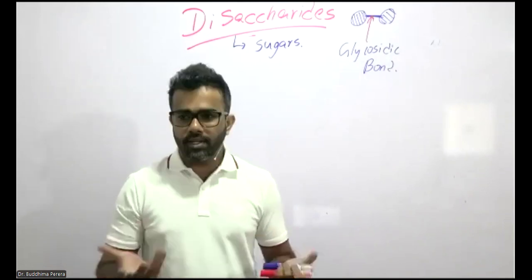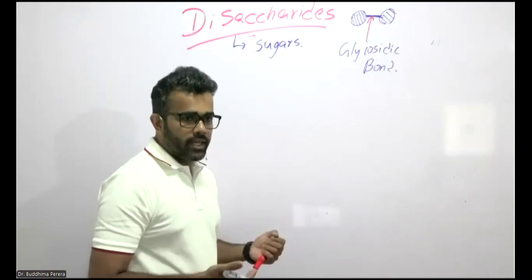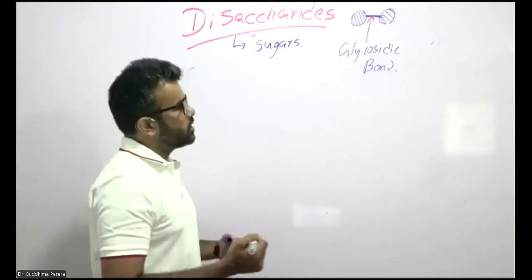A disaccharide is formed from two monosaccharides. So as monosaccharide, we take hexose here.